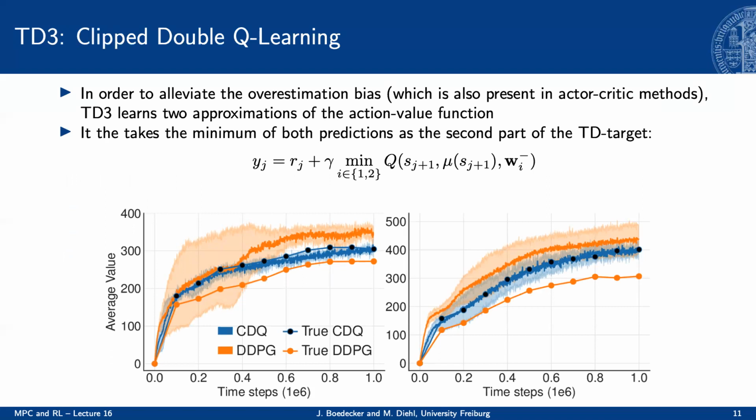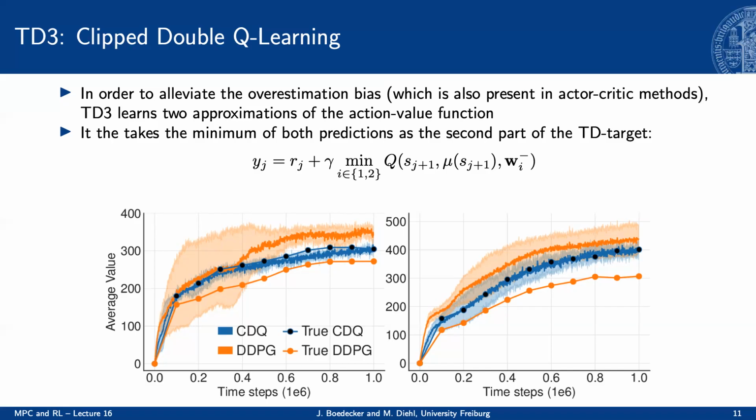So, clipped double Q learning. As we talked about just a few minutes ago, having double Q learning, or two different versions of a Q function, if we use that in order to calculate our targets, can bring down this overestimation bias.